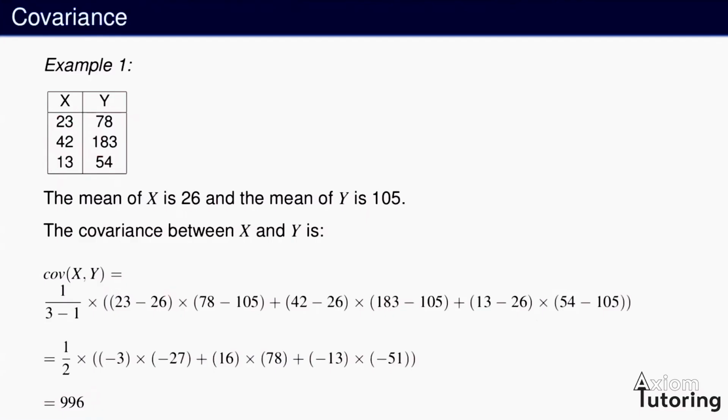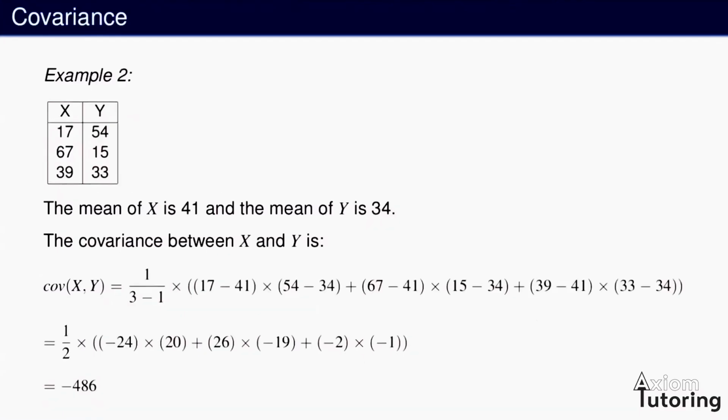Now let's have a look at a different example. So this time we get 17, 67, and 39 for x, and 54, 15, and 33 for y. Okay, and one thing we can see is that when x is small, like for example 17, actually y tends to be very large.